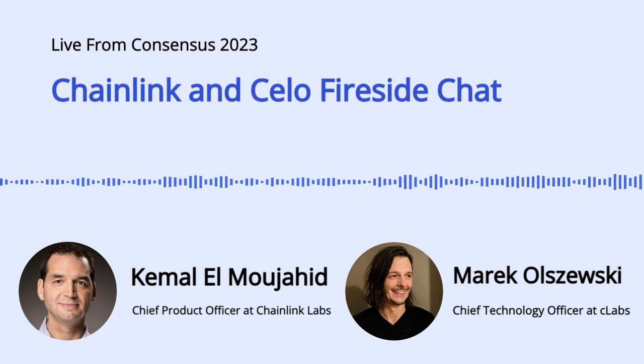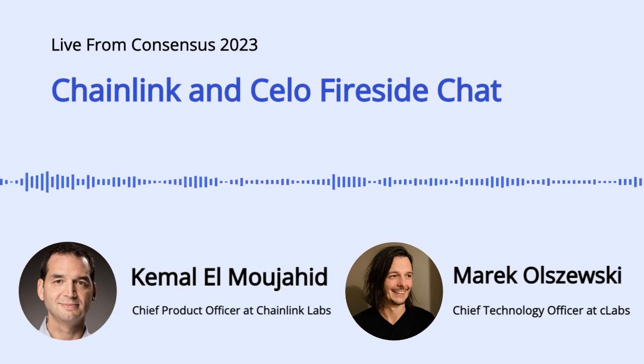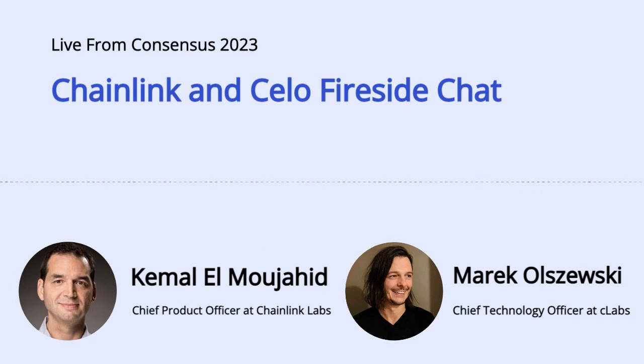Certainly it's the market leader. And if you talk to the DevRel team at the Celo Foundation, it's frequently cited as one of the top requested developer features from the community. And so I think there are a lot of projects that can now be unlocked with Chainlink coming to Celo. So yeah, really looking forward to it.